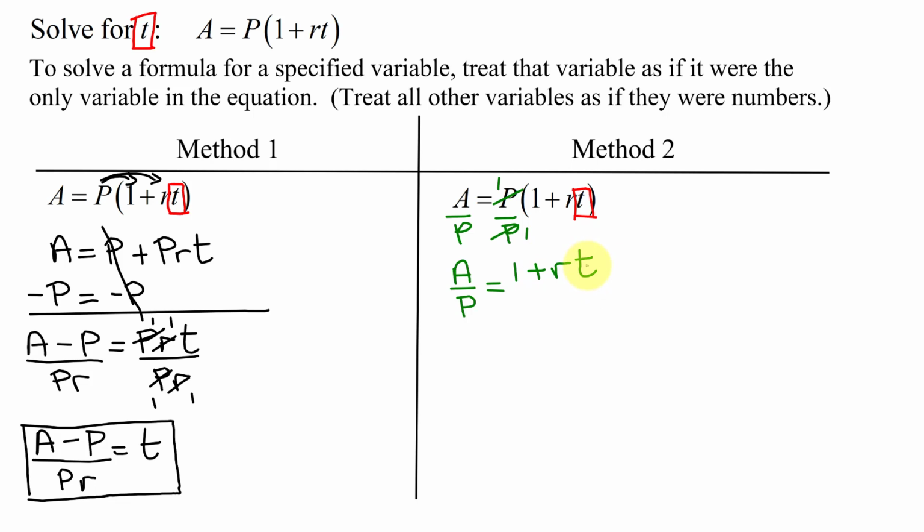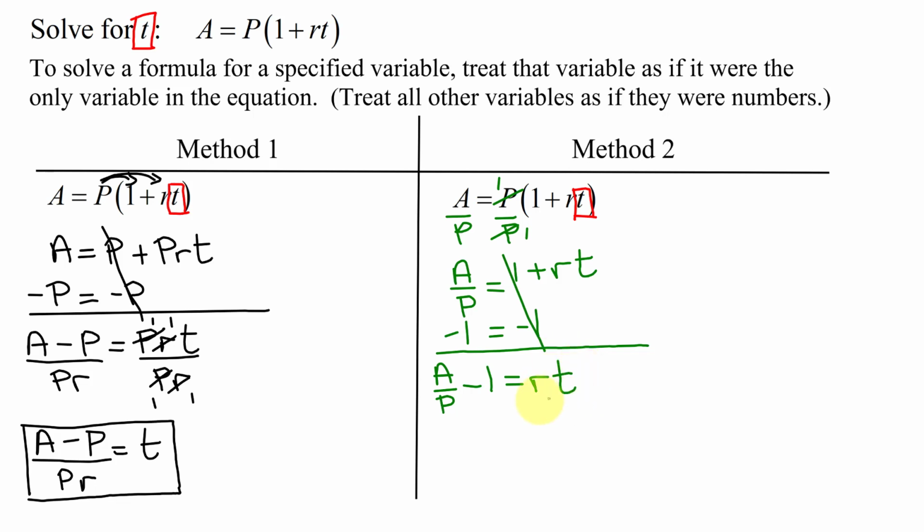To get rt by itself, the first thing I'm going to have to do is subtract 1 from both sides of this equation. On the left-hand side, unlike terms can't combine, so I have a divided by p minus 1 equals 1 minus 1 is 0, so the only thing left on the right-hand side is r times t.